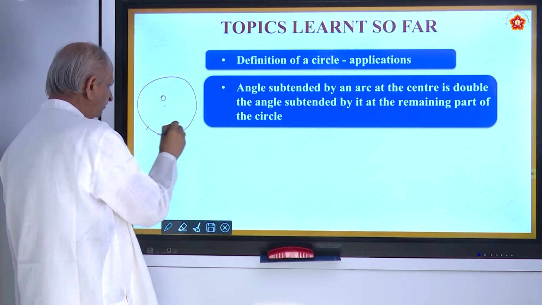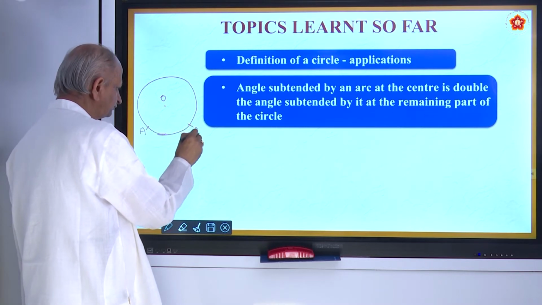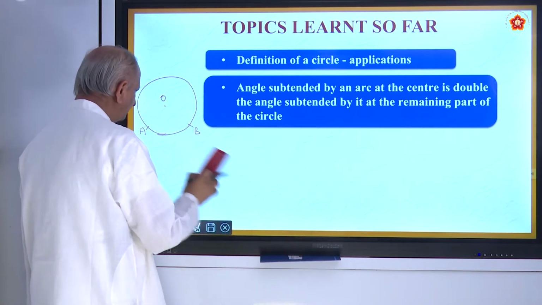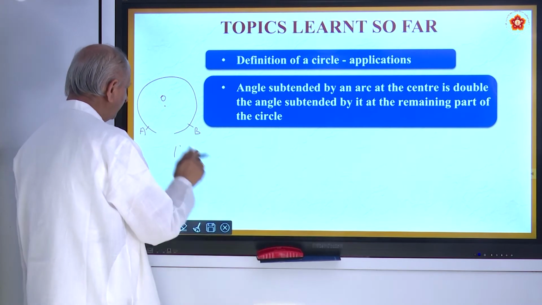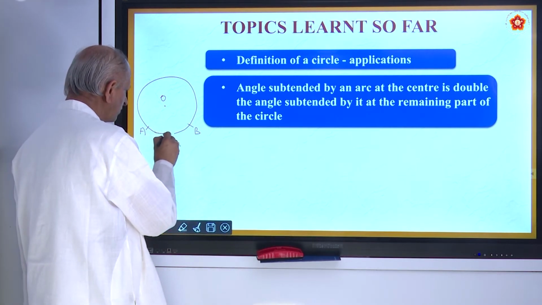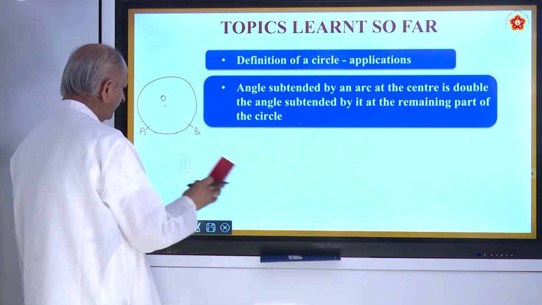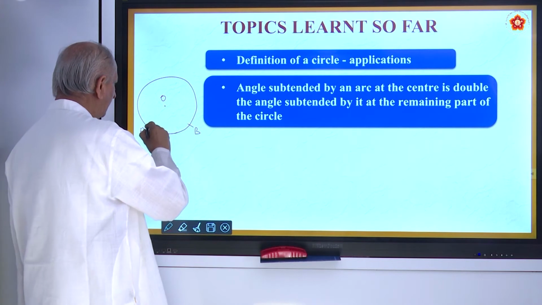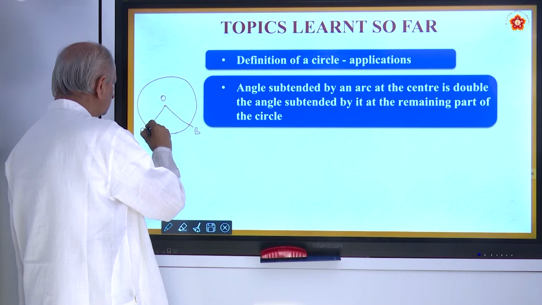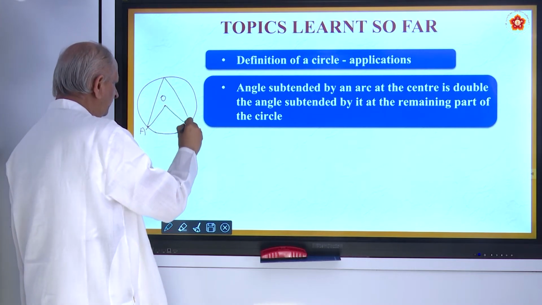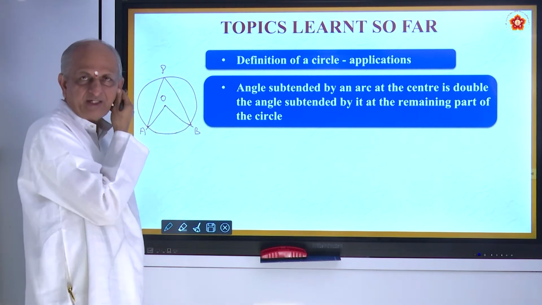Suppose you call this arc AB. And if you join this AB to the center, then we call it the angle at the center. Suppose you join the remaining part, this is the relation they are telling.